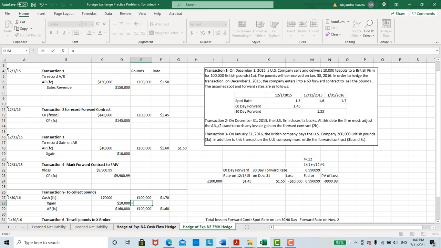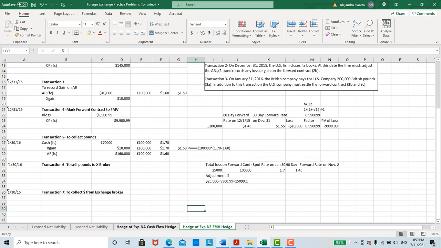The other way: take 100,000 units of foreign currency times the difference between 1.70 minus 1.60. That's the other way you could calculate that.